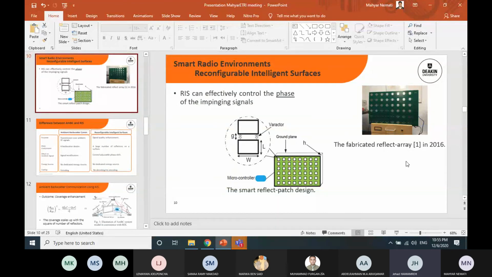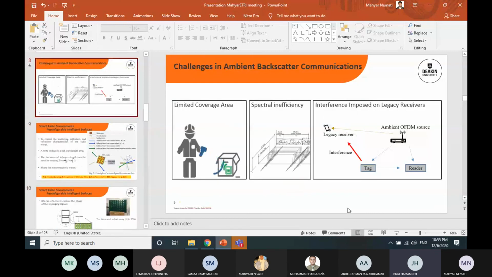But it's a very promising technology. It can really help us reduce power consumption and make communication more efficient because it doesn't require a licensed spectrum. You are already using the RF signals in the environment, which is really exciting for applications related to machine-to-machine communication and Internet of Things scenarios.